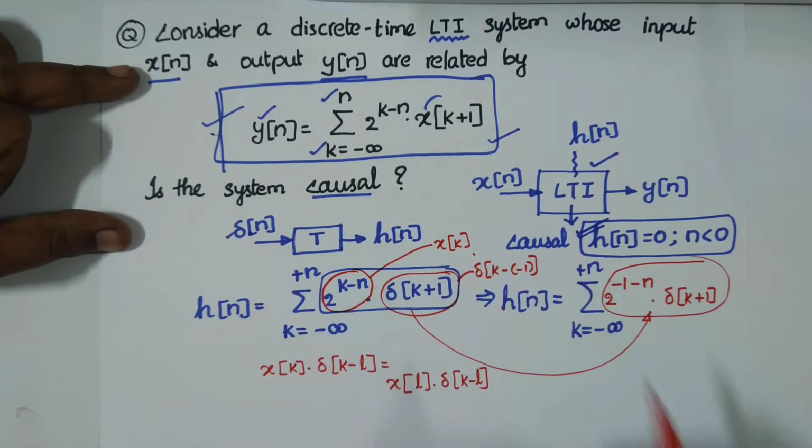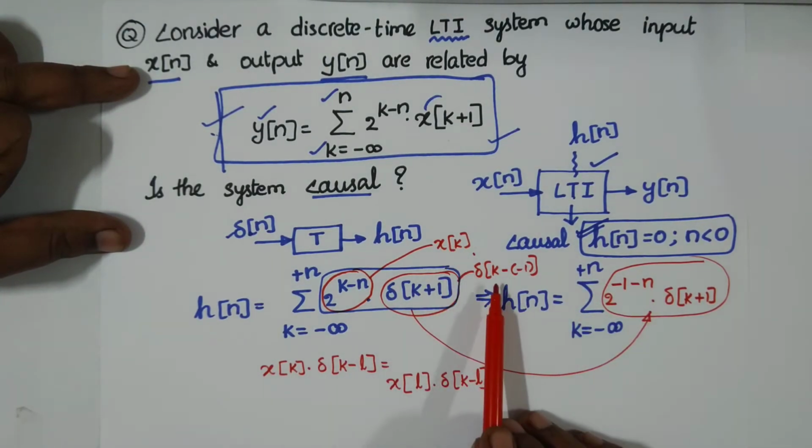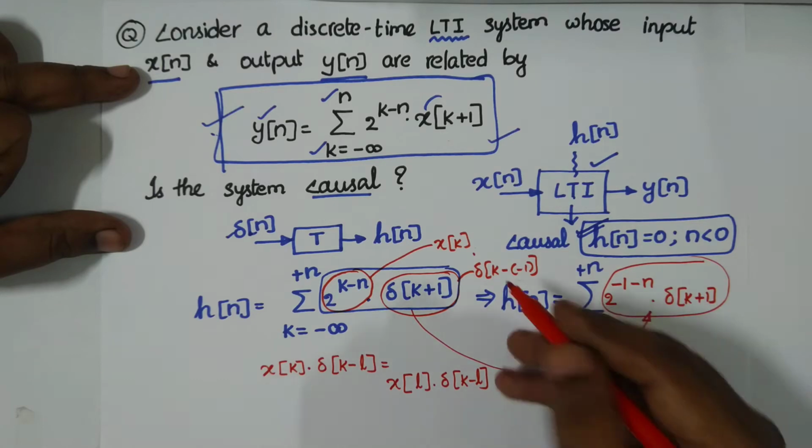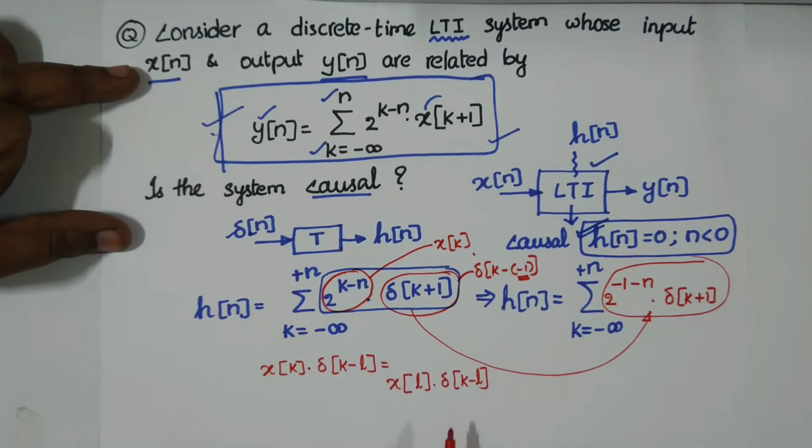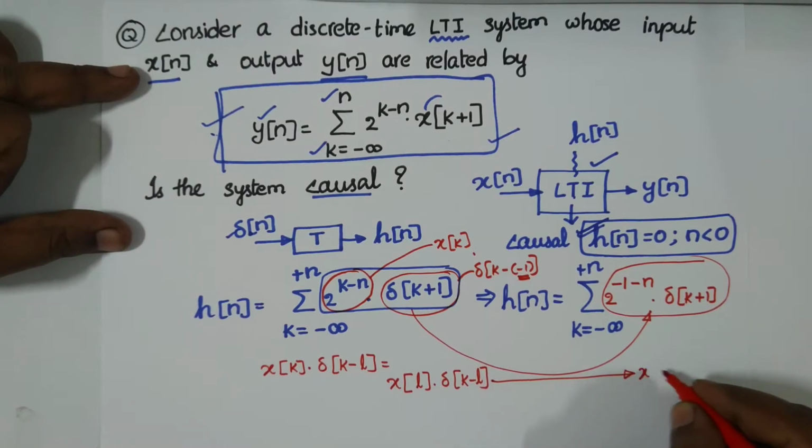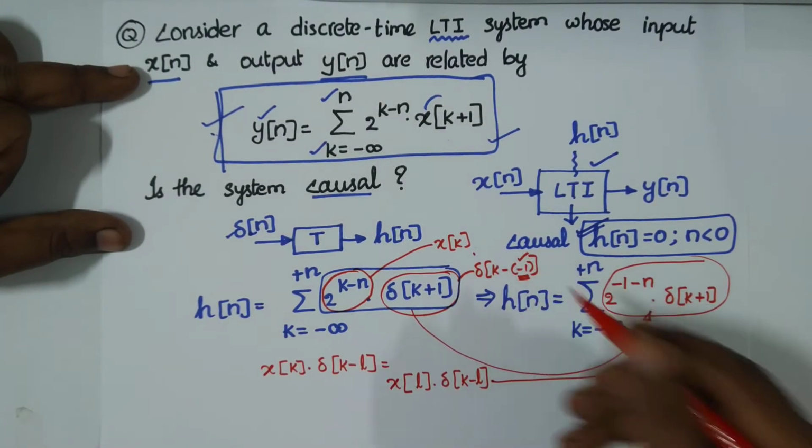Now just multiply these two. In x of k delta of k minus l, l is equal to negative 1.